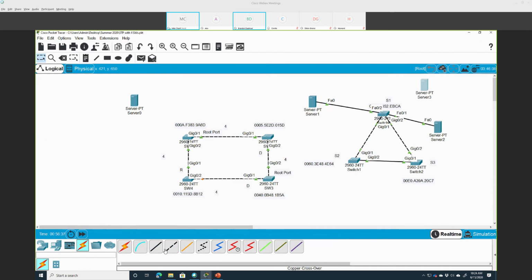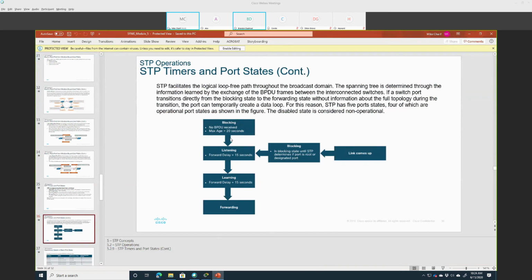So that doesn't have to wait through learning and blocking. It doesn't have to go through this process. You see this process here? Listening, learning, forwarding. Because that's what the switch takes too much time on: 15 seconds, and another 15 seconds. So it's almost 60 seconds.